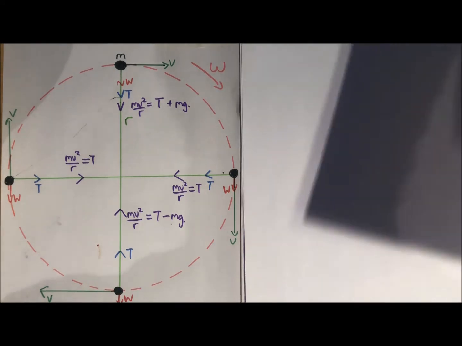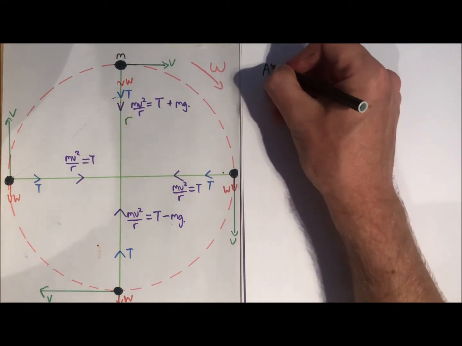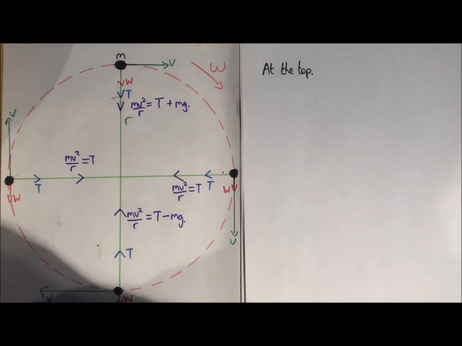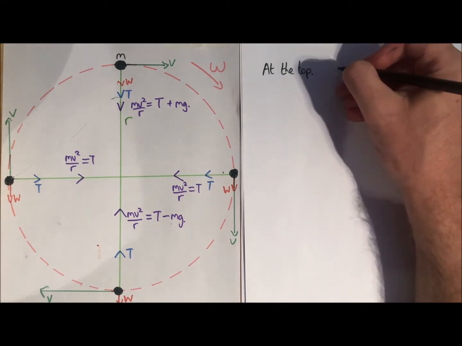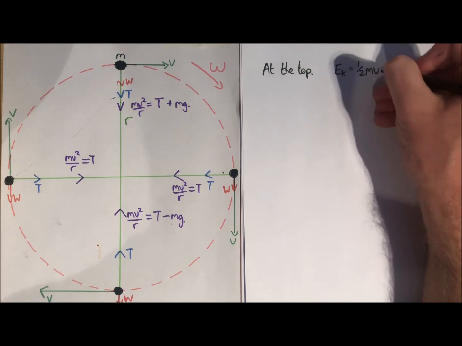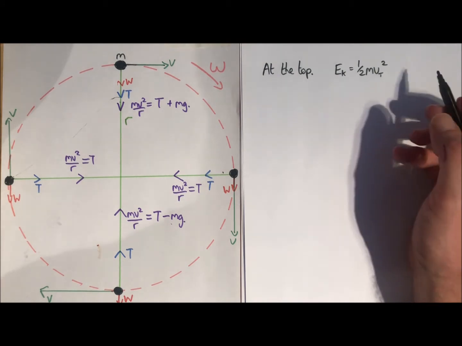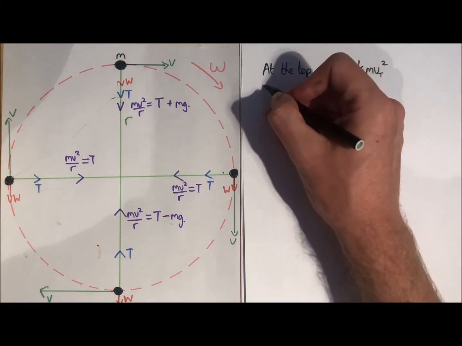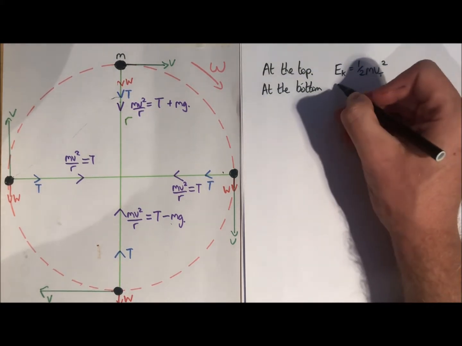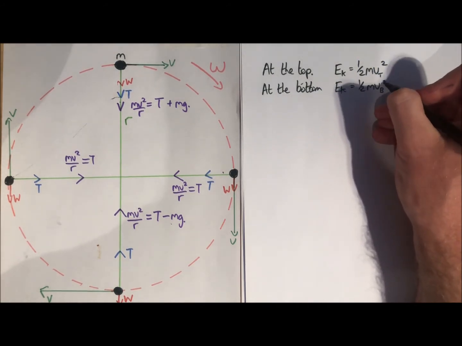At the top, our mass has some kinetic energy, so that's a half times the mass times the velocity at the top squared. At the bottom, it also has some kinetic energy, which is half times the mass times the speed at the bottom squared.